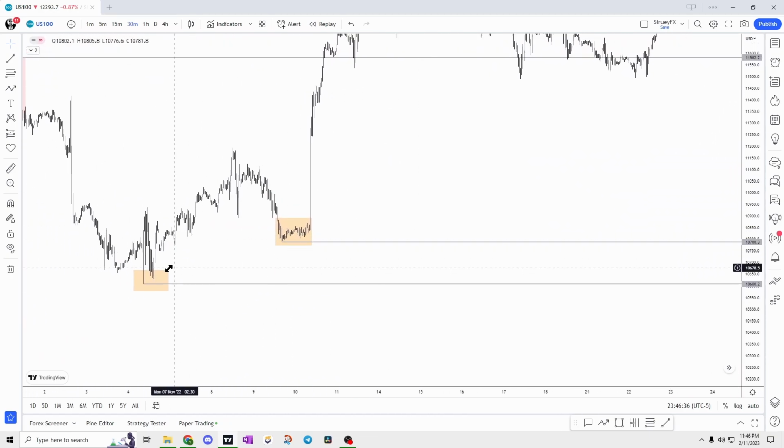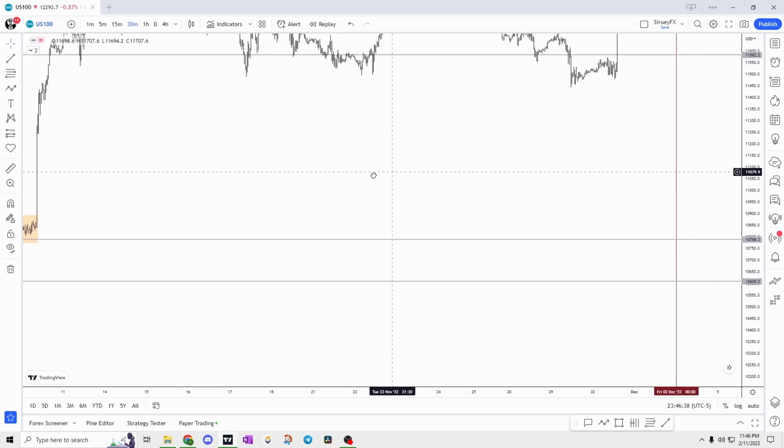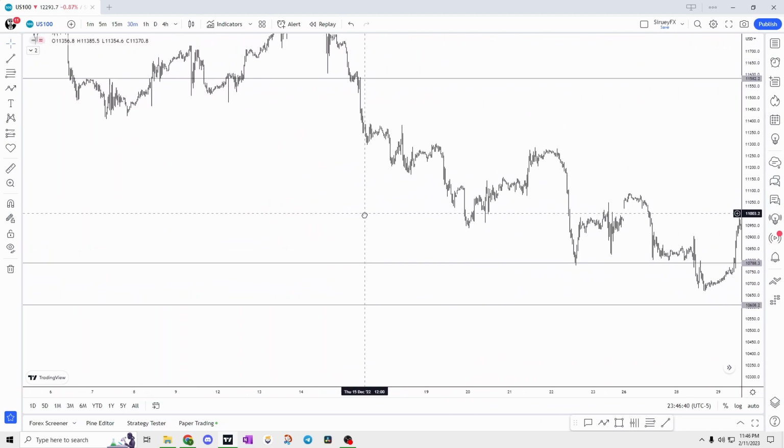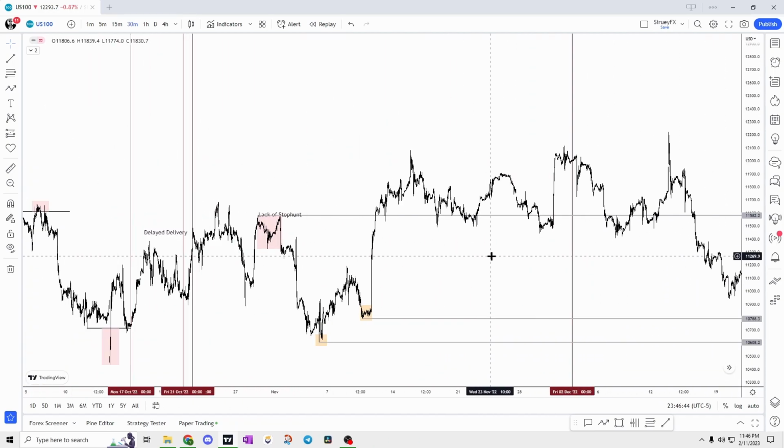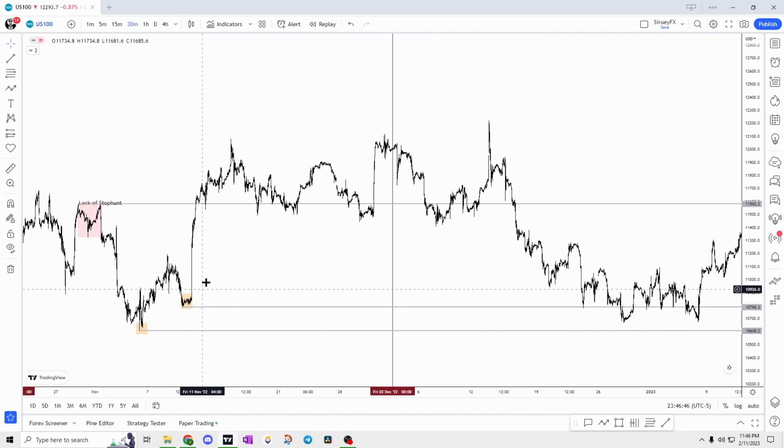So I'm going to have these lows drawn out in time, and we're going to see the price delivery down to this. It takes about a week, 2 weeks, 3 weeks, 4 weeks, 6 weeks.